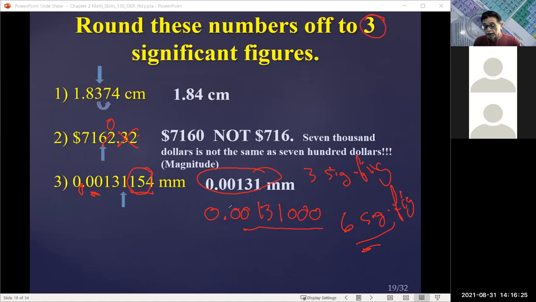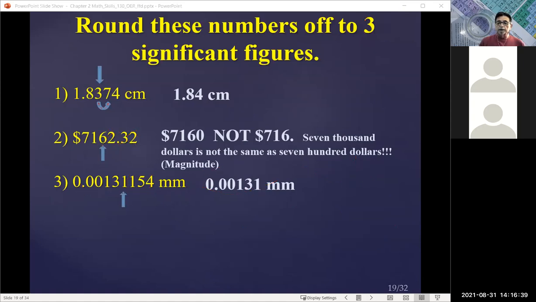Okay. All right. So remember, before the decimal point, you replace with zeros. After the decimal point, you dump them off. You don't want to add zeros. Okay, let's do one more and then we'll just finish this slide. The 9 is the 3rd significant figure position. We look at the neighbor. The 2 is less than 5.